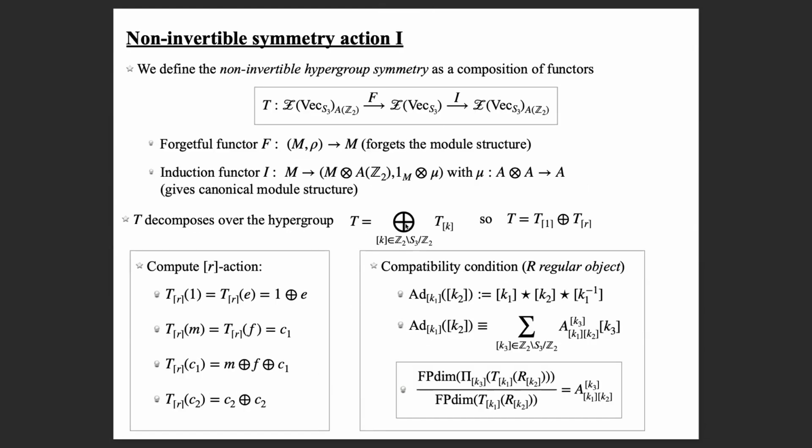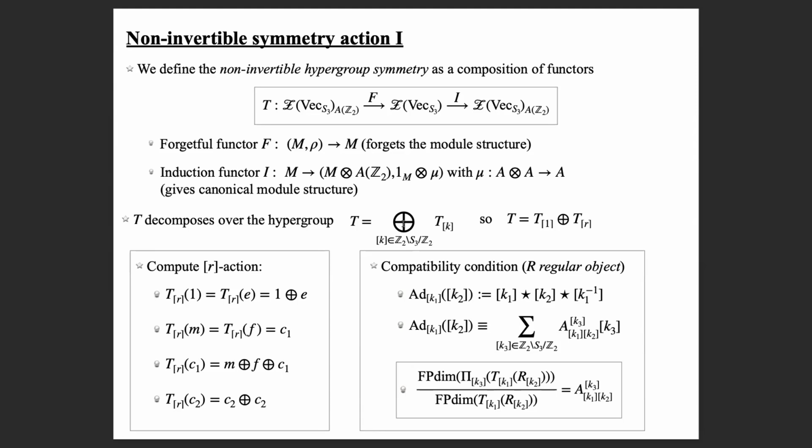Okay, so the first thing I mentioned is the fact that we have this grading by the hypergroup. And now what we want to find is also a symmetry action. And the way we define this hypergroup symmetry action is by a composition of functors. So T is the hypergroup symmetry, and we start with the topological order after condensation.